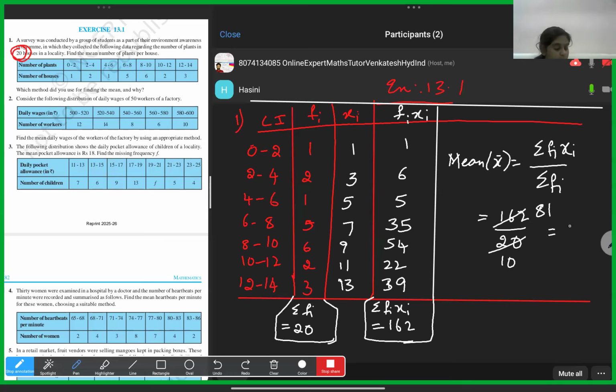So now 81 by 10, which is shifting the decimal. Why did I do cancellation with 2, Hasni? Because we get 10, so we can shift the decimal over and the answer will come easily. So how much, Hasni? 81 by 10.